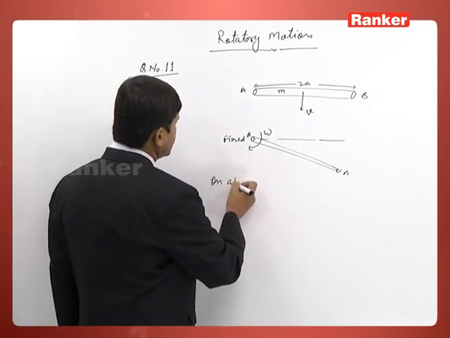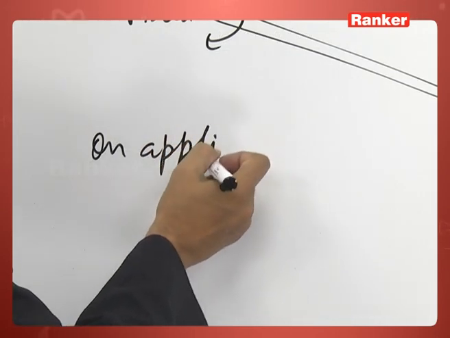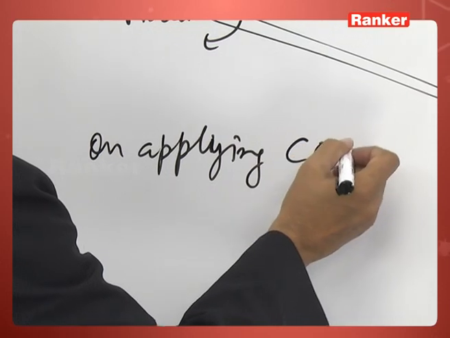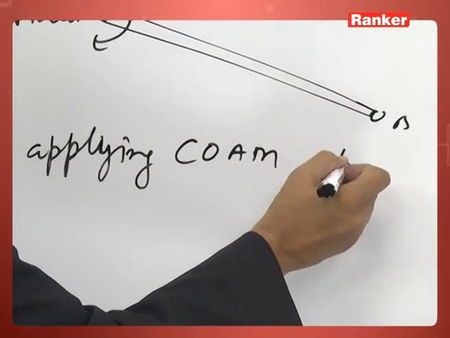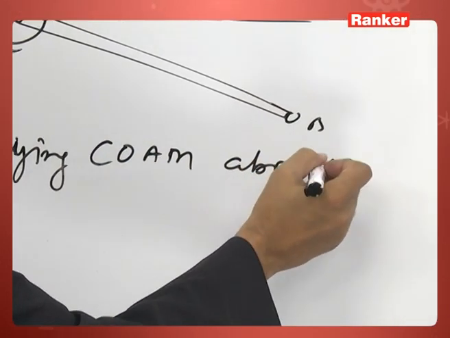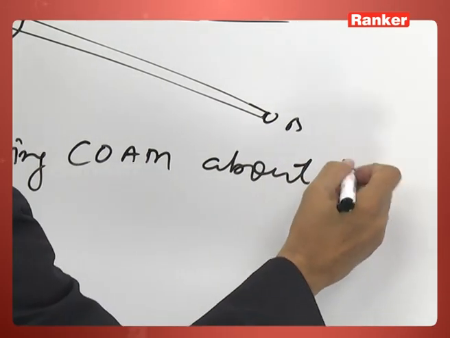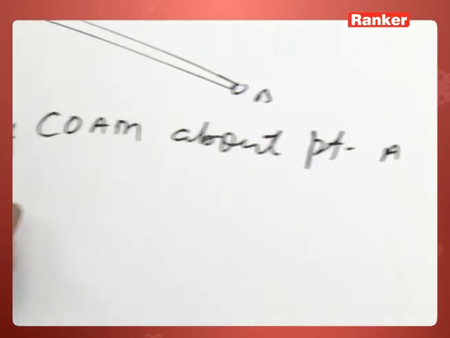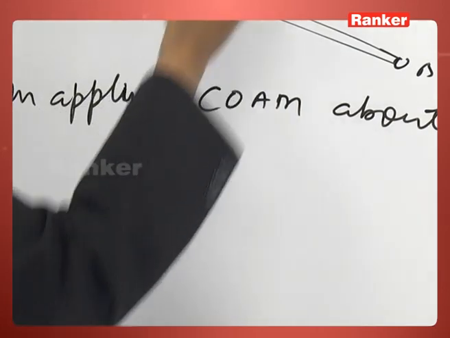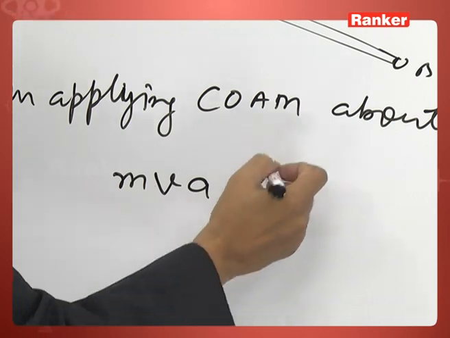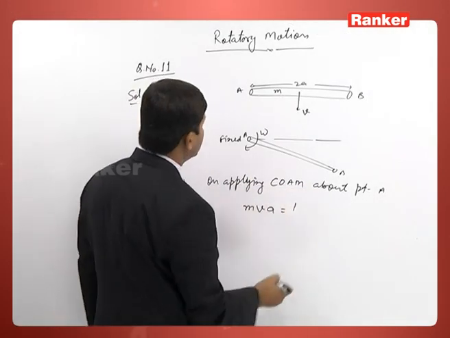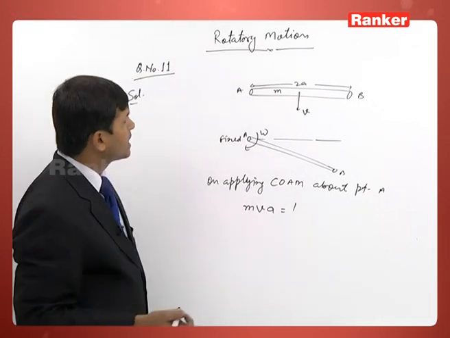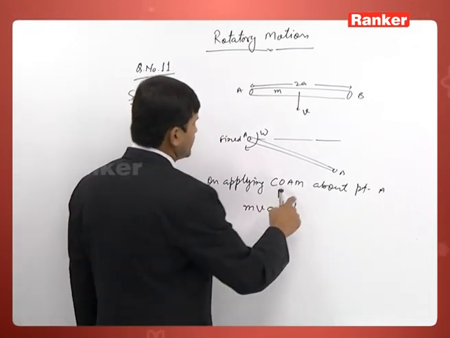On applying conservation of angular momentum about point A, initial angular momentum m into v into a, final I into omega. The moment of inertia about one of the ends is m l square by 3.